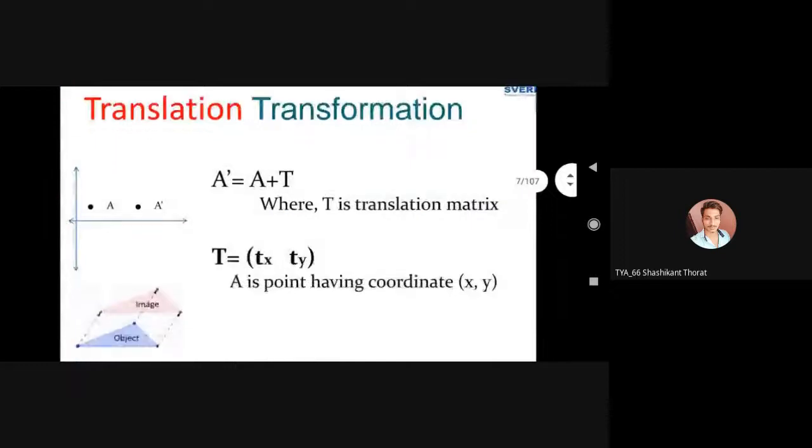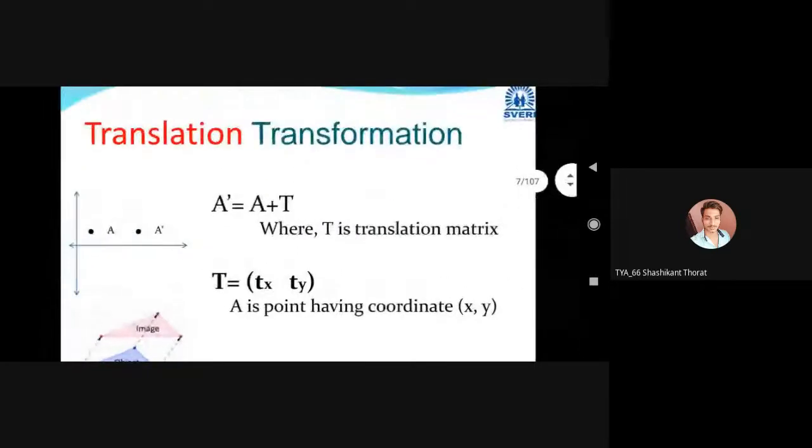Now these are the basic formulas. This is very important for the computer examination also. So A dash is equal to A plus T. A is the previous body, the given point; A is the reference point, and we have to transfer that A with the help of the transformation matrix. So what is the transformation matrix for the translation command?